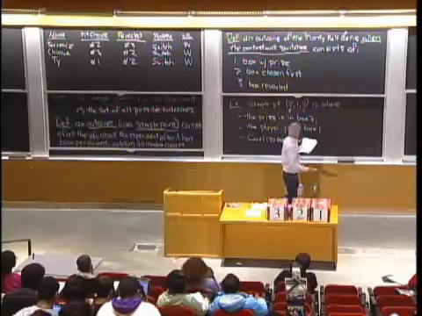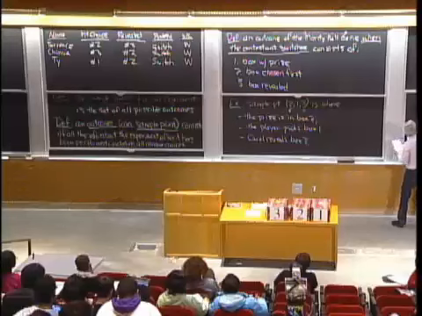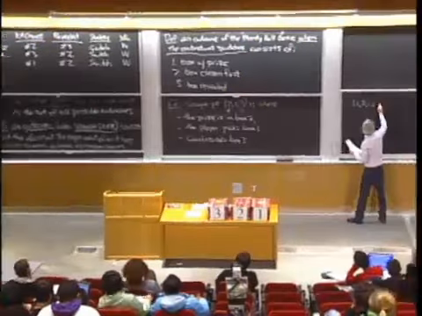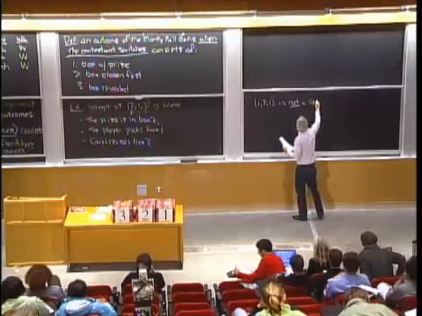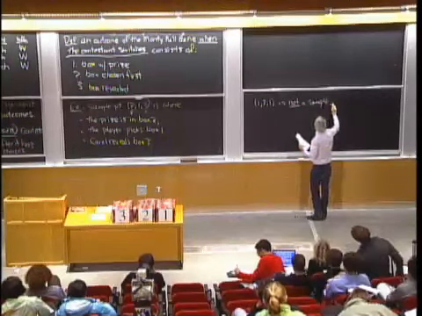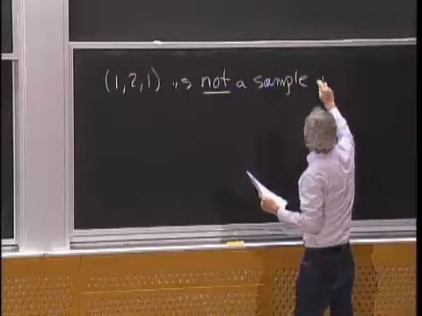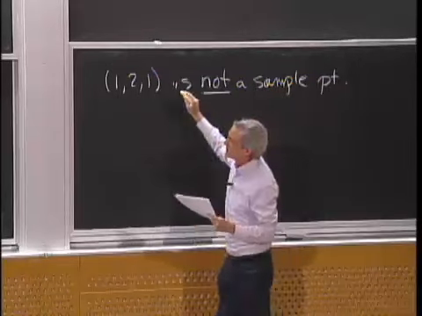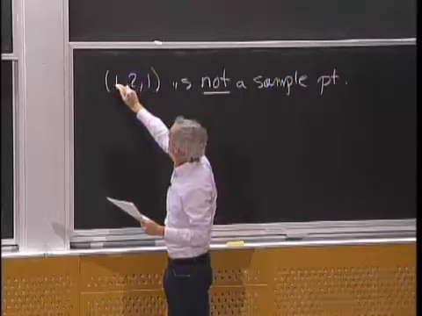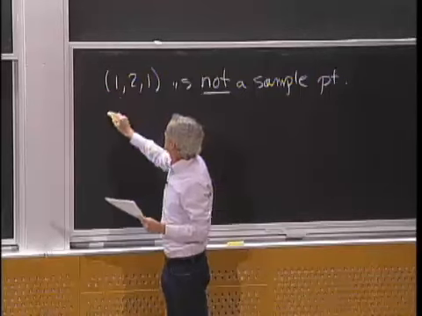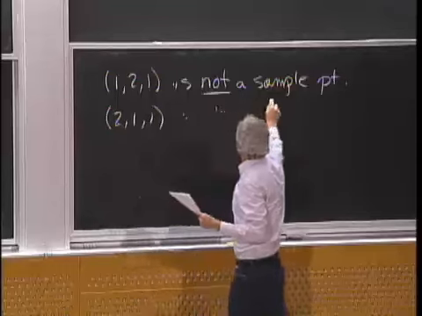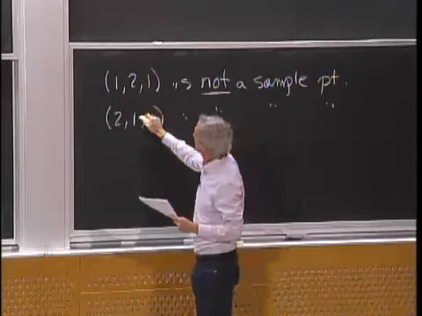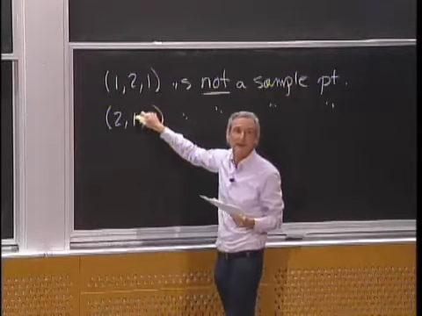So, for example, 1, 2, 1 is not a sample point. It's not in the sample space, because we can't reveal the box with the prize. Similarly, 2, 1, 1 is not a sample point because we can't reveal the box that the player picked.